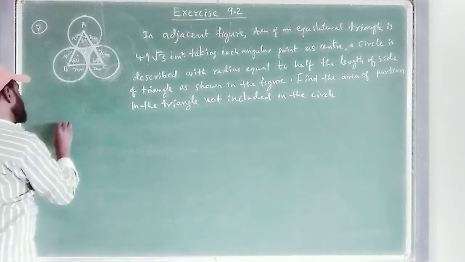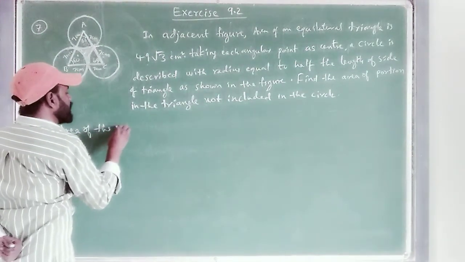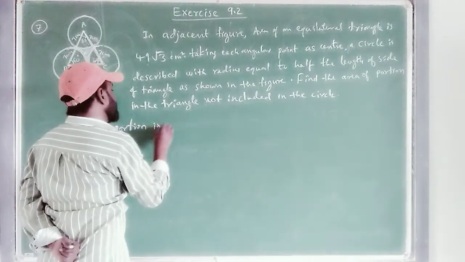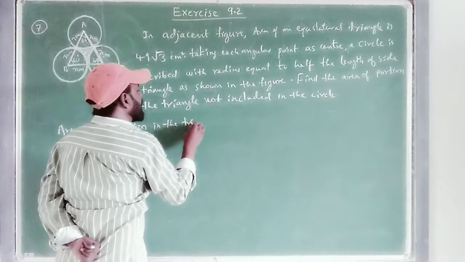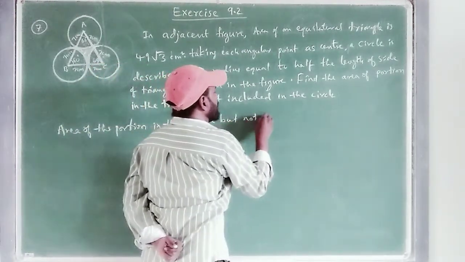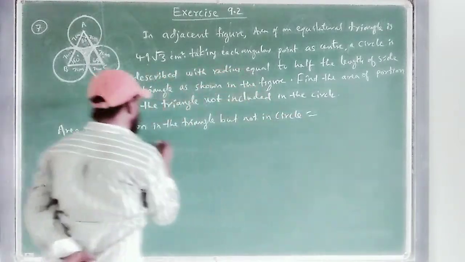Area of the portion in the triangle but not in the circle is equal to what?